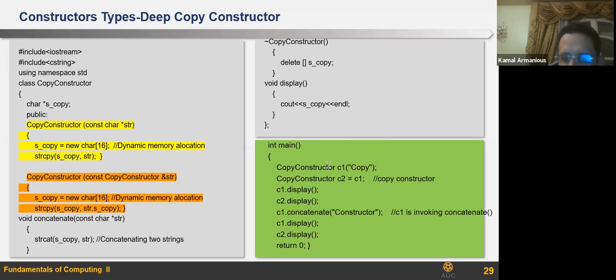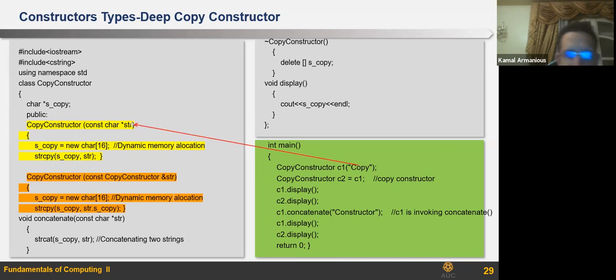So copy constructor. This is the name of the class. C1 is an object that belongs to a class called copy constructor. Type C1, this is an object. And to C1, I am passing a parameter called copy. It will call the first constructor.